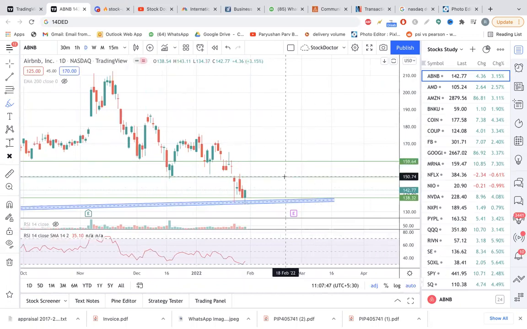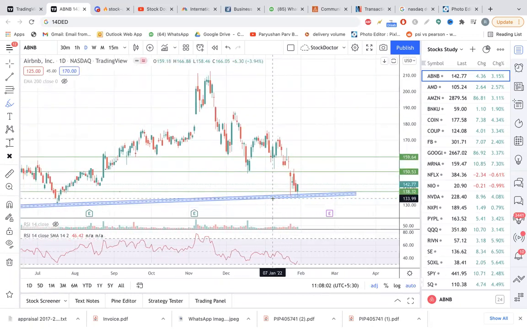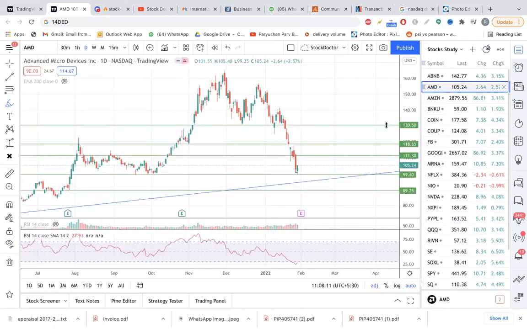High probability that it can go towards 150, and if it trades and sustains above it, then it can go back towards 160 also. And the stop loss, or you can say support, for this stock is near 135.